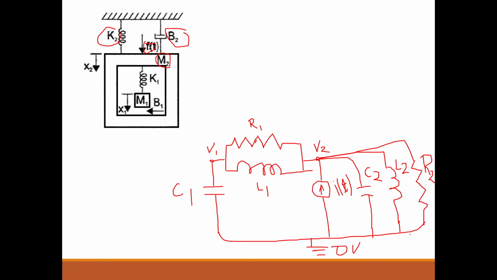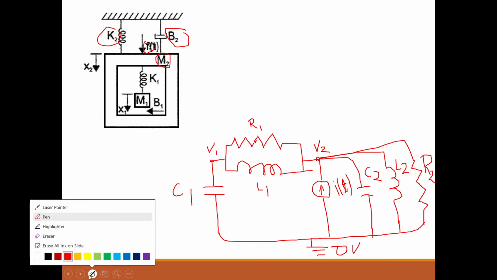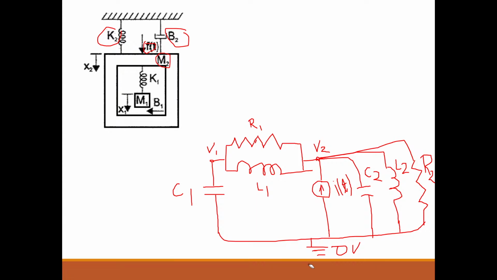I am erasing this because I did not draw properly. You can mention that as reference node. So this is our circuit. This is our force current analogous circuit.